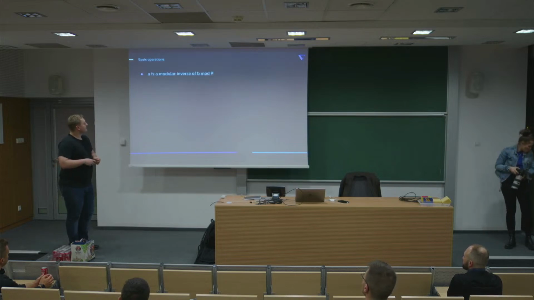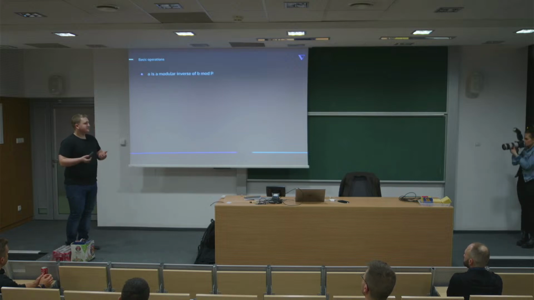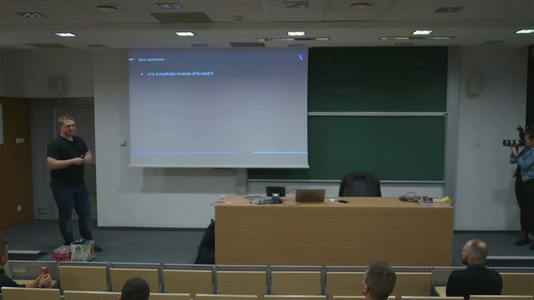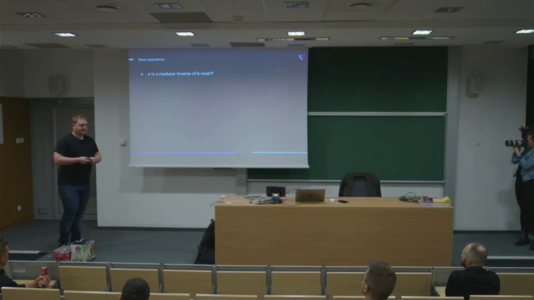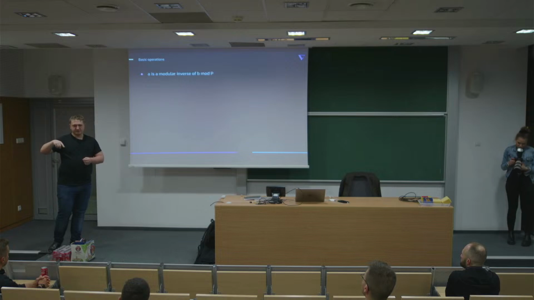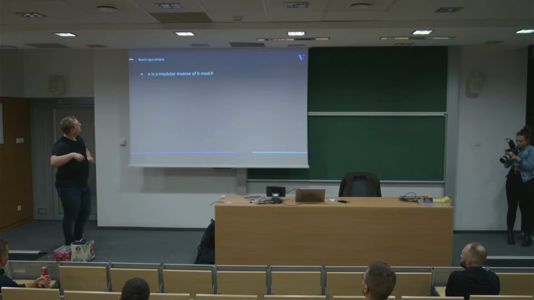The simplest program we can do is actually to check that A multiplied by B is equal to C. But here we will try to check that A is the modular inverse of B modulo P. We can do that in two ways. We can use Fermat's little theorem and just do multiplications to raise B to the power of P minus 1.